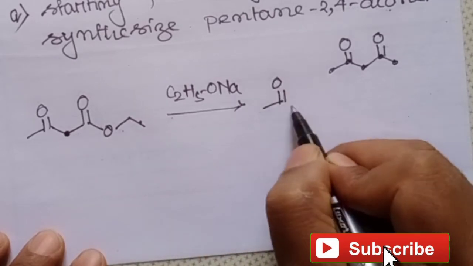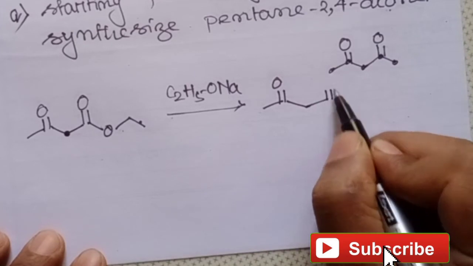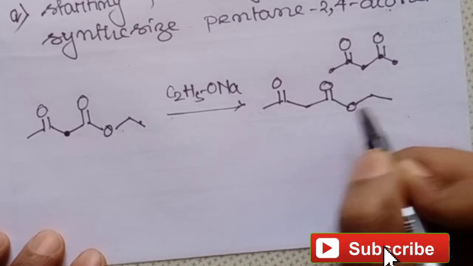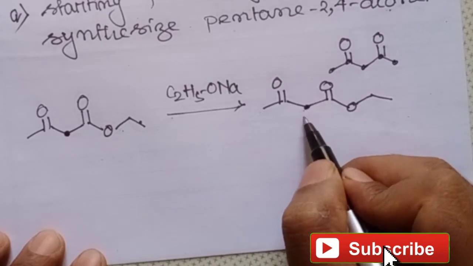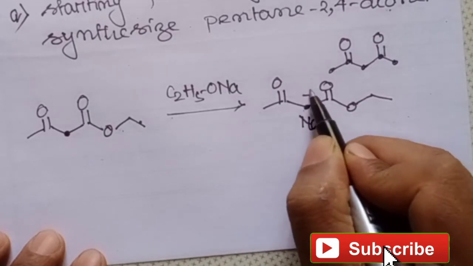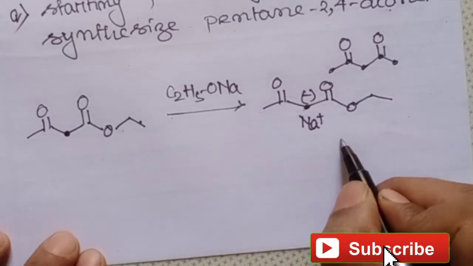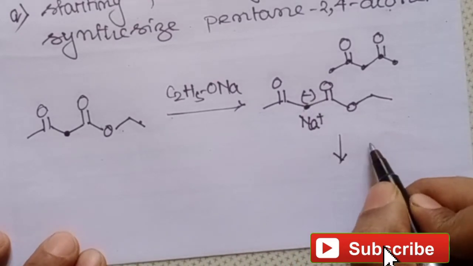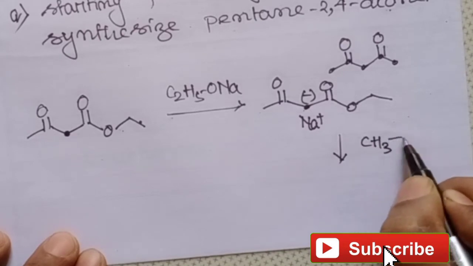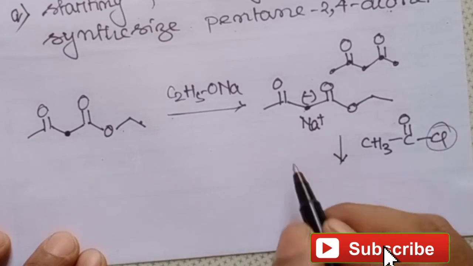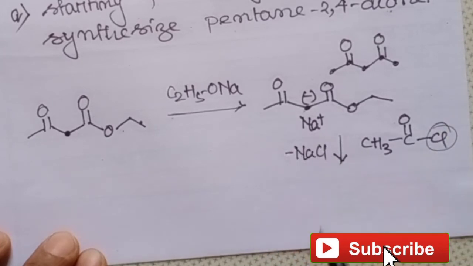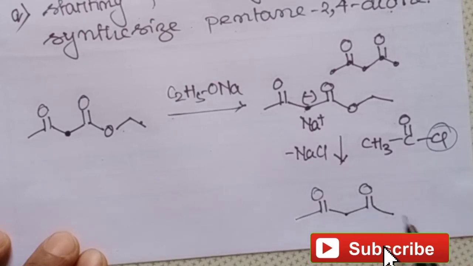So here it will be the compound, with one hydrogen left out in expense of sodium: Na plus, and here the minus. In the very next step, when I add CH3, C double bonded O, Cl, the Na will be removed as NaCl and leads to formation of another compound as follows.